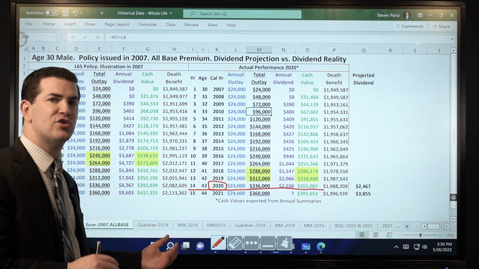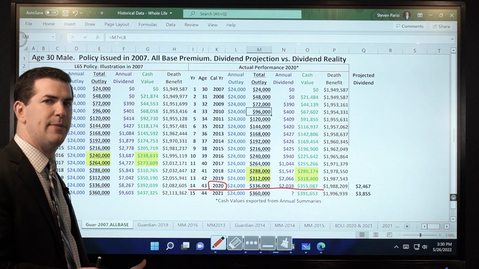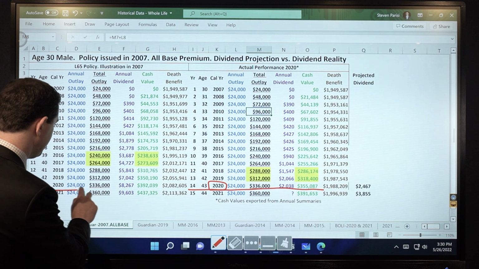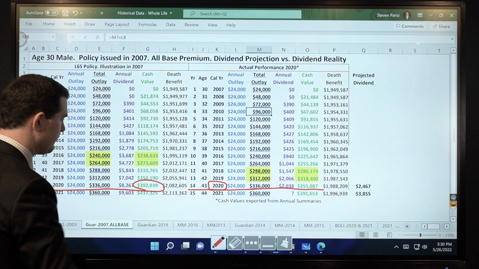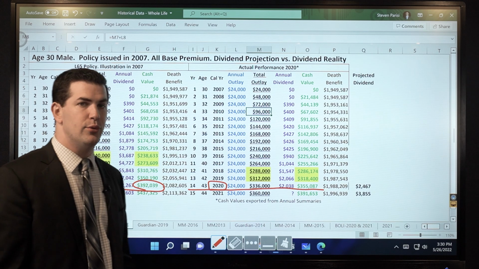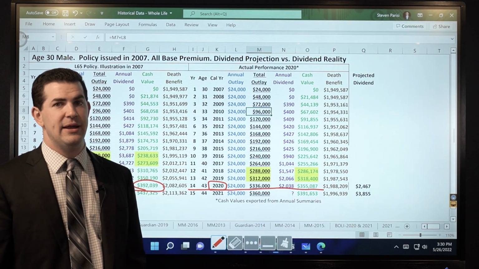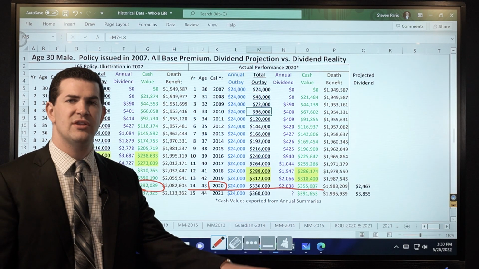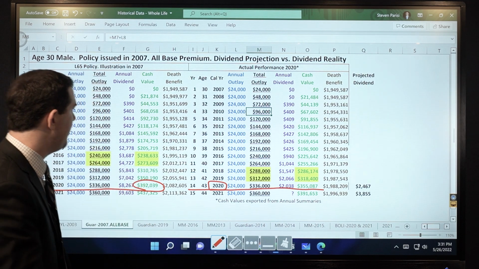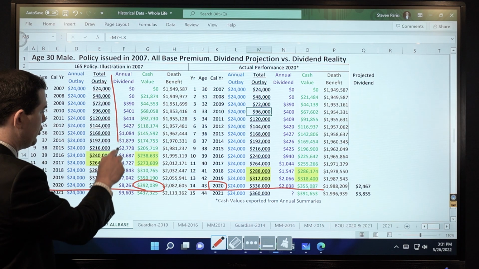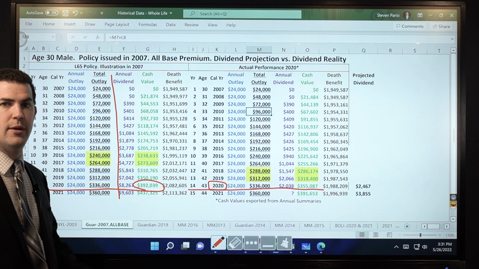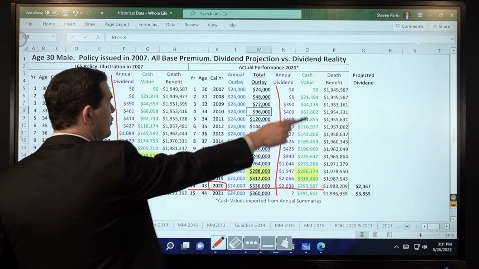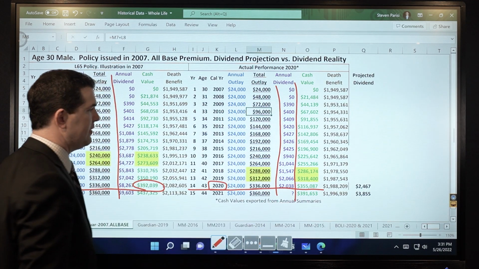355 is what he actually had in cash value, where he paid in 336 versus the original illustration projected 392. Big gap. And he got very frustrated because he was told the policy should perform very close to the non-guaranteed values. And based on that dividend projection, which was driven north long-term based on the high base premium, did not actually happen. Those are the dividends he actually got.